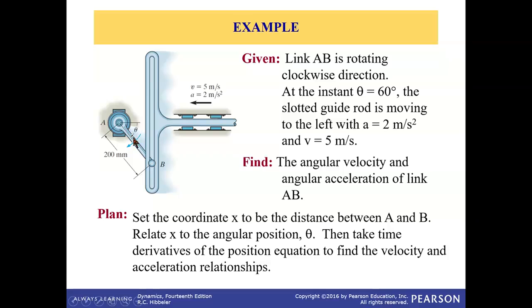So we define x as a function of theta, and then we will take the first and second derivative of that x to find the angular velocity and angular acceleration of link AB in terms of the linear velocity and linear acceleration of the slotted rod.